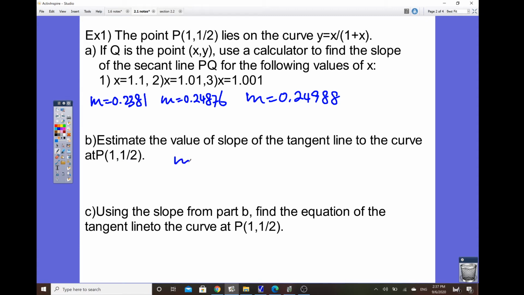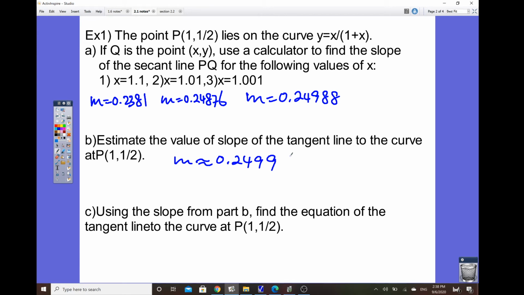So that means we're using that 0.24. If we try to round it up, eventually it's going to be considered 0.25, but I just want to keep the decimal, to make sure that it's more accurate. So we'll say that it's 0.249. Okay?